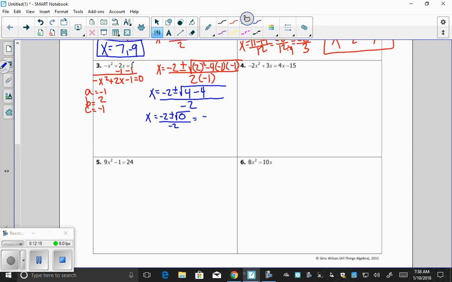So when I do plus or minus 0, adding or subtracting 0 isn't going to change anything. So all I really have now is x equals negative 2 divided by negative 2, which is positive 1. So my final answer is x equals 1.